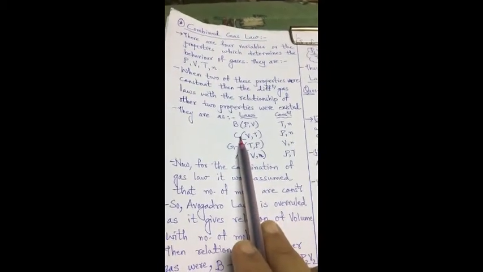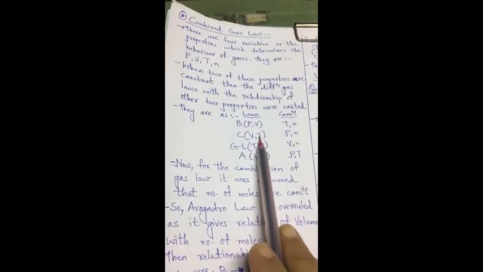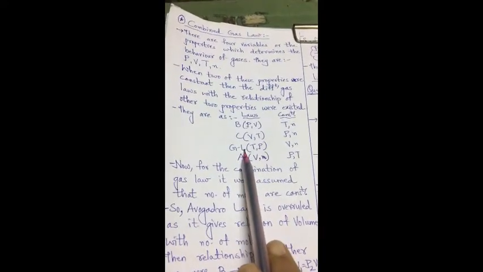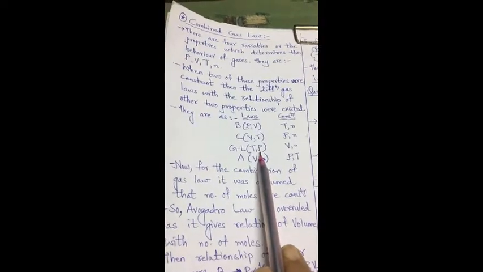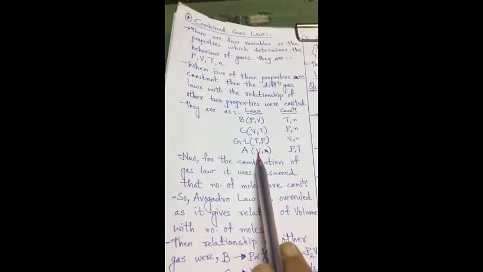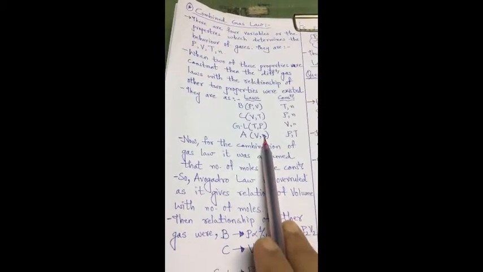Charles' law says volume is directly proportional to temperature. Gay-Lussac's law says temperature is directly proportional to pressure, and Avogadro's law says the volume of the gas is directly proportional to the number of moles of the gas.